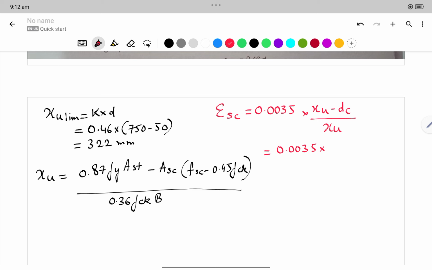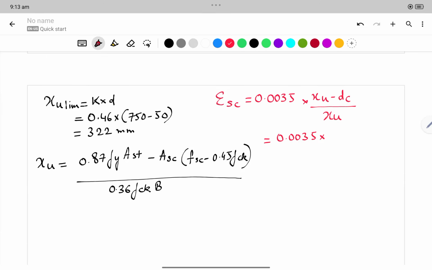so we are taking XU as XU limiting. What thing we can do, we will not take XU as XU limiting, we will just assume FSC.